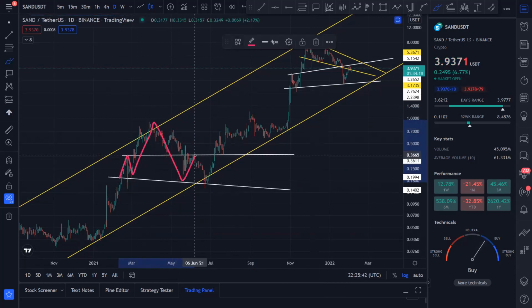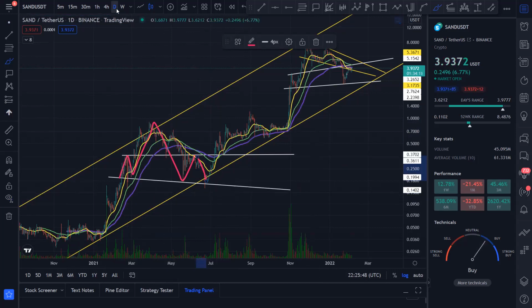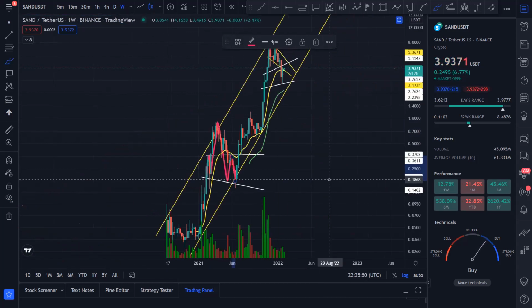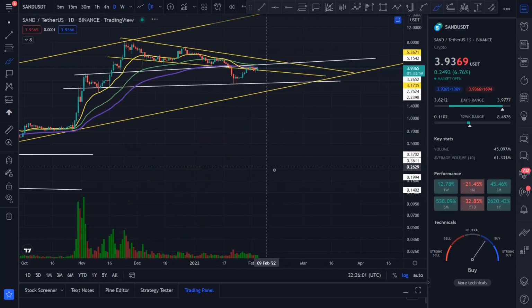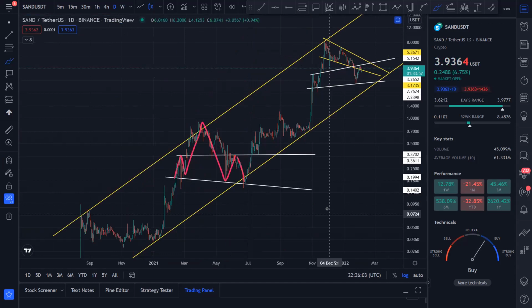You can see it hit the resistance, came back down, and this support came in for help, because if you look at the weekly time frame, the 55 moving average was right over here. If you look at the daily now, take off these EMAs, you can see a similar pattern is forming.